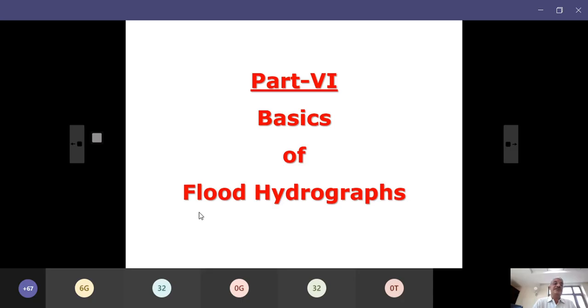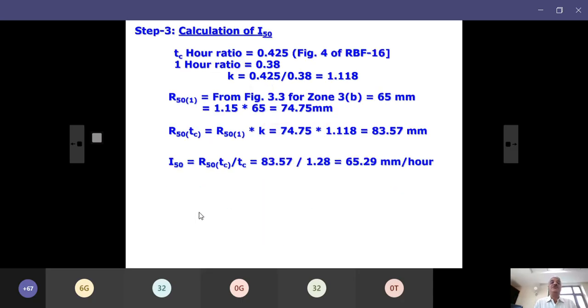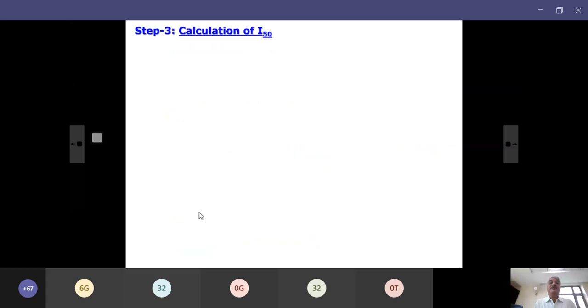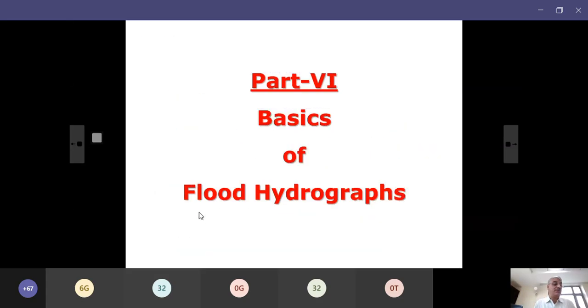And as you have seen in this example, once you know the latitude, longitude, you can calculate everything. So just use RBF 16 and the CWC flood estimation report, whichever is applicable, and do it once, all of you, and you will get a good idea about how it actually fans out. ठीक है?